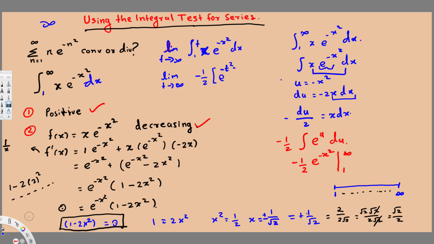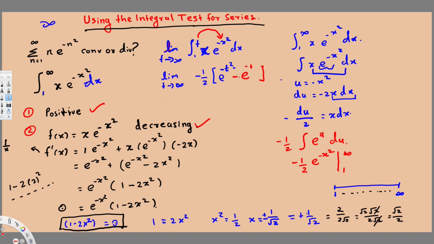For an improper integral, we just transform with t instead of x. So that's going to be e power minus t square minus e power negative 1, right? This is our last value and first value.